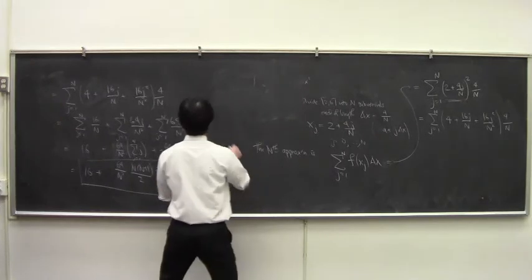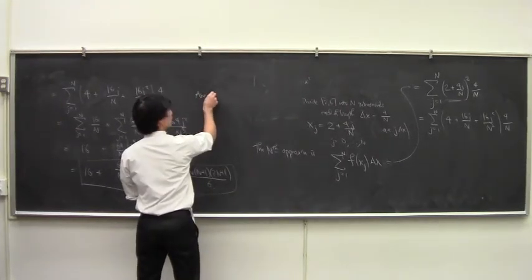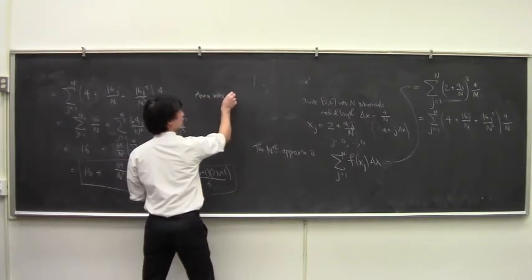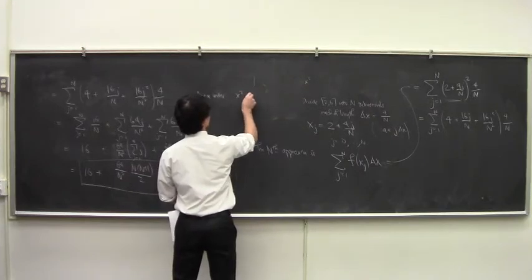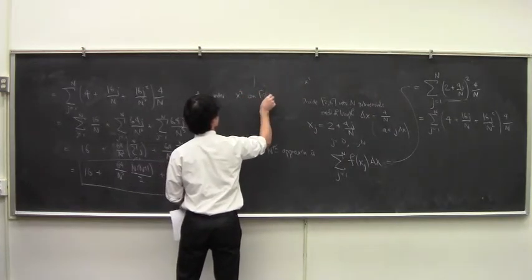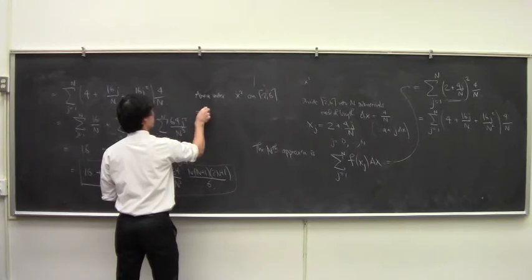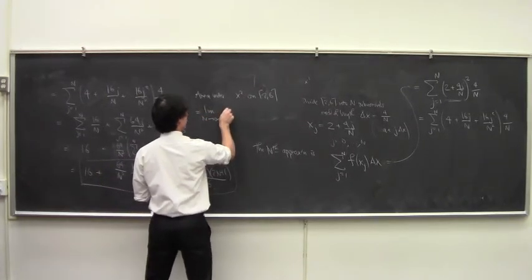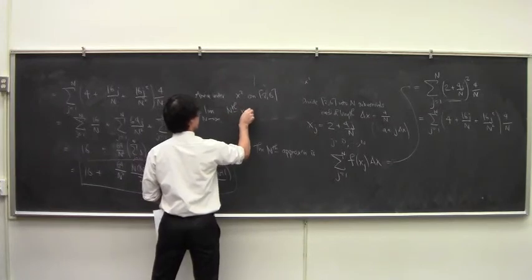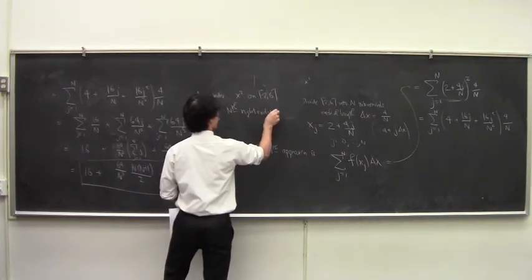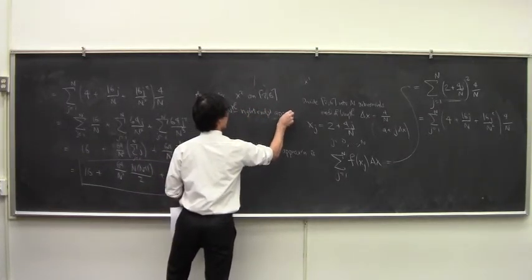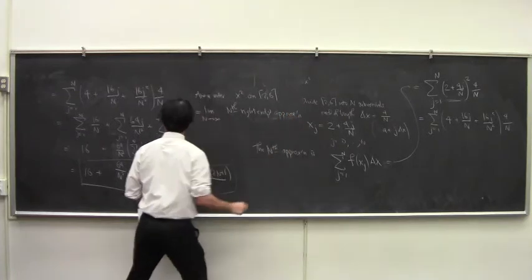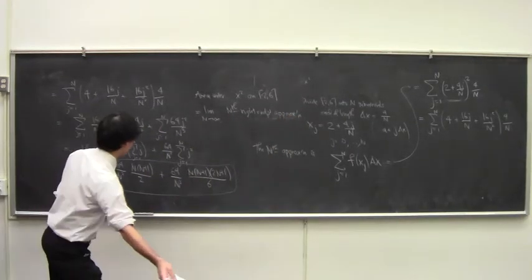So the area under x squared on 2 to 6 is the limit as n goes to infinity of this nth right endpoint approximation. And you see what you get, maybe.